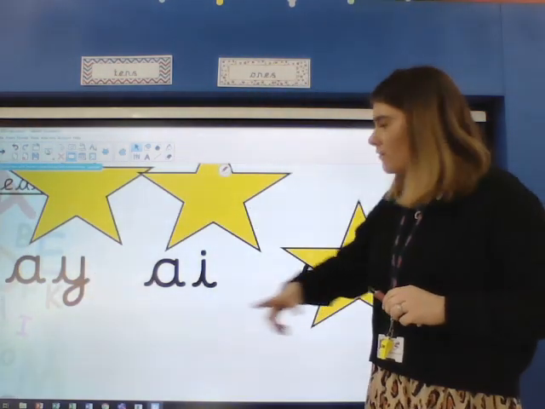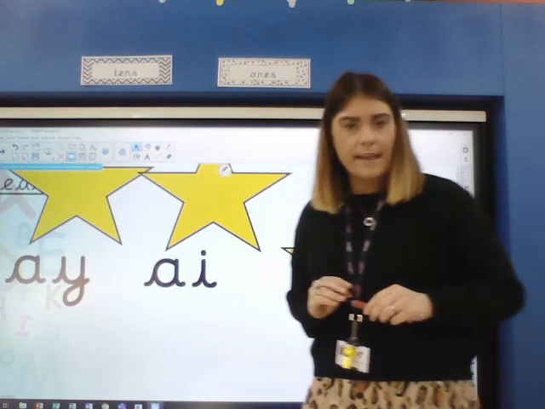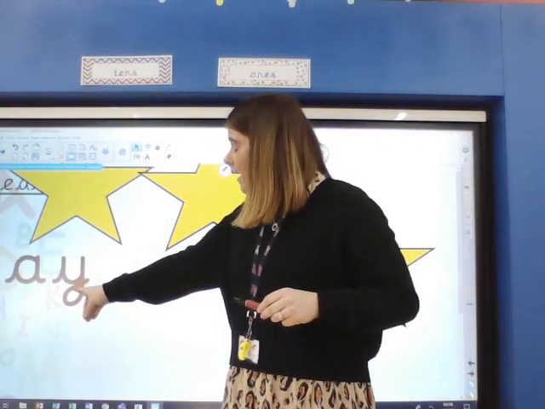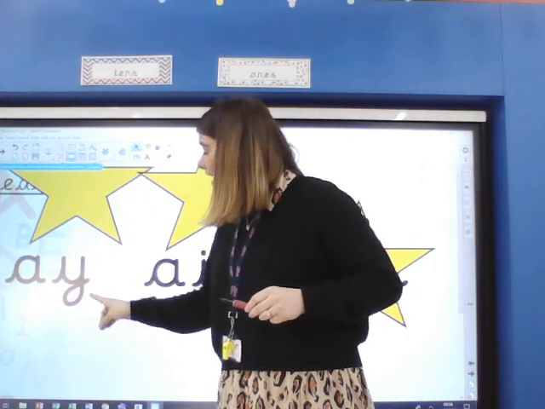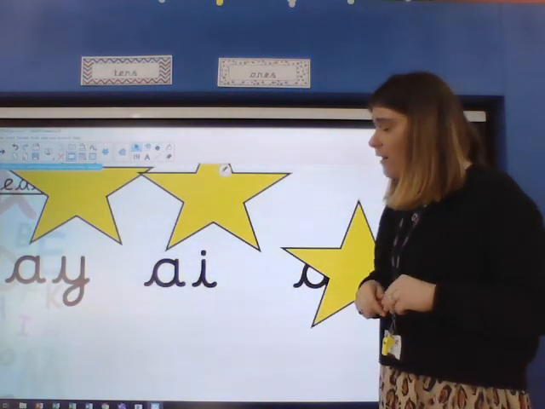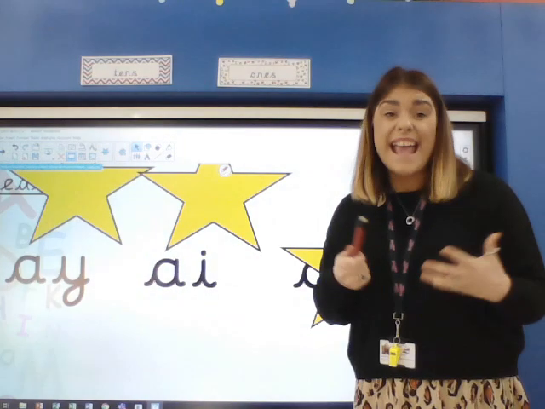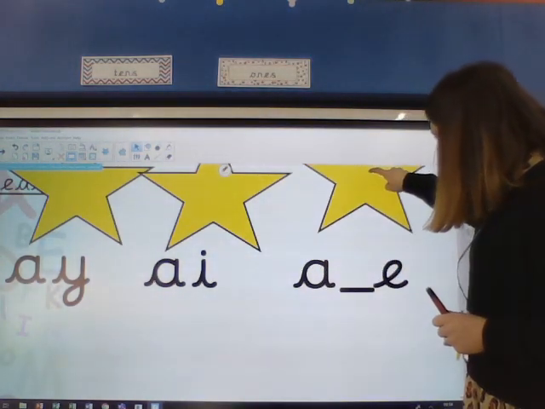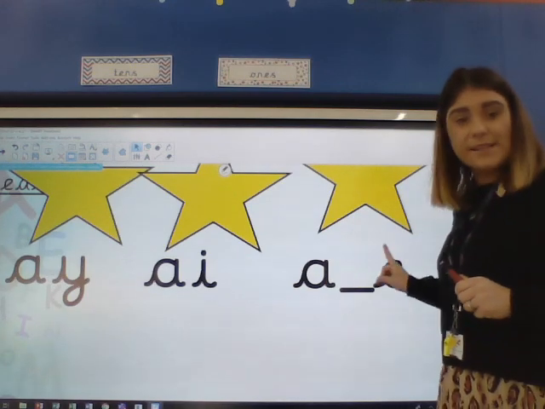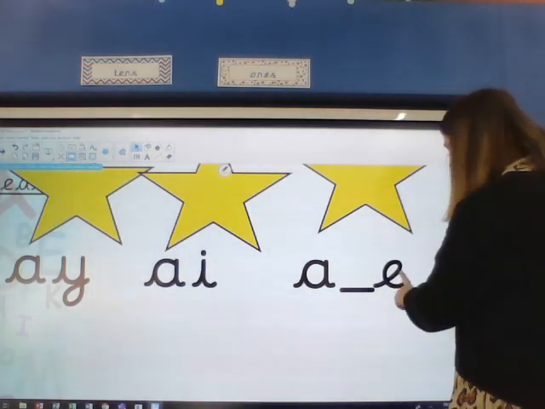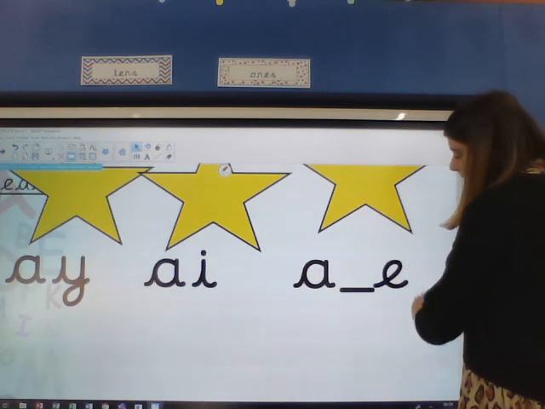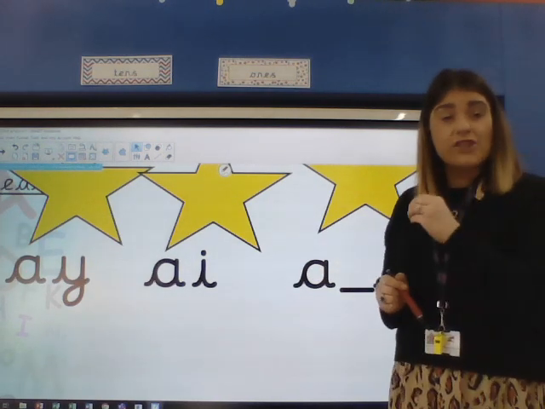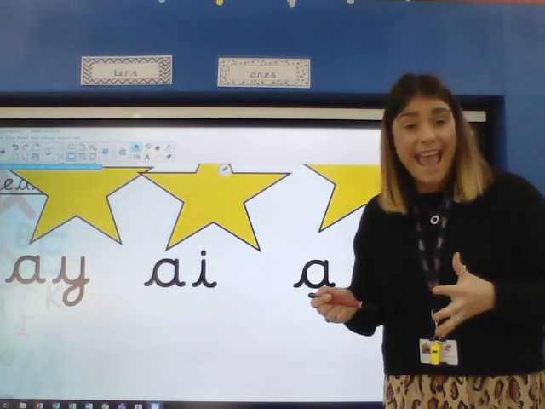So what sound does this grapheme make? It also makes A. This is A for play, and we've got the letters A and Y here that also make the A sound. We usually find this A at the end of a word. And the final A that we're looking at today, recapping, is our A split diagraph, where our magic E has the power to change the ability of the letter A, and change it from the A sound into the A sound.